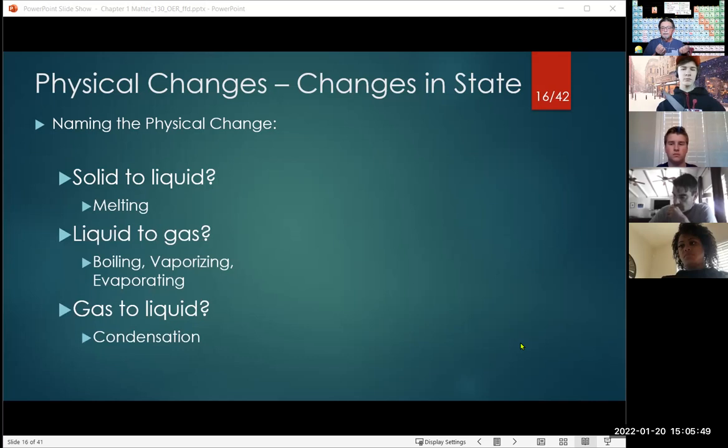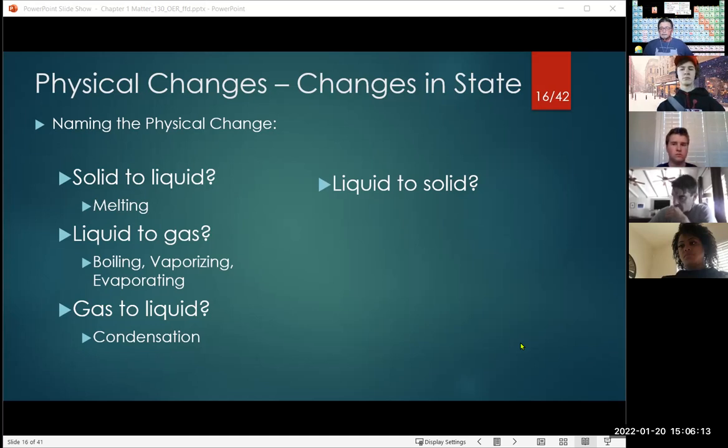Energy is removed, okay? And it causes the molecules to get closer together and they condense. So the outside of the container gets wet. It's called condensation. Nothing magical about it. It's a matter of putting energy into the system or taking it out. Energy transfer.